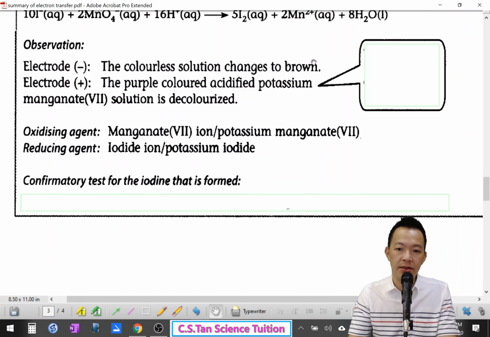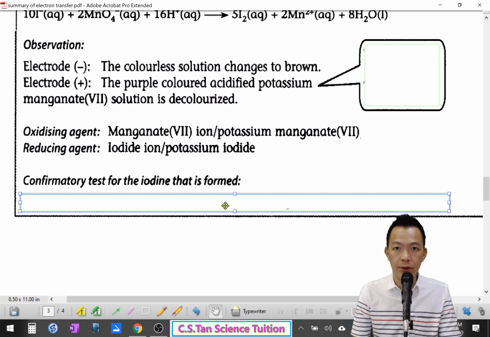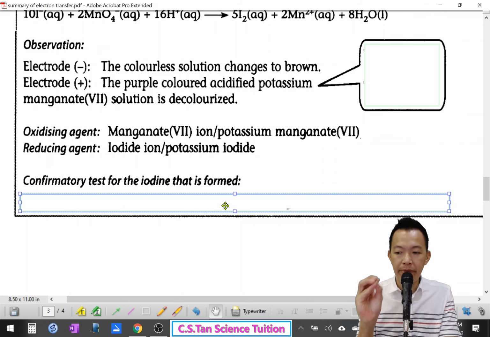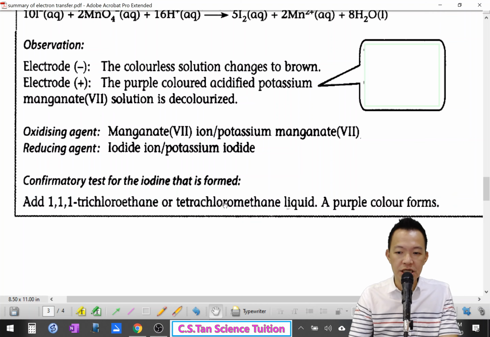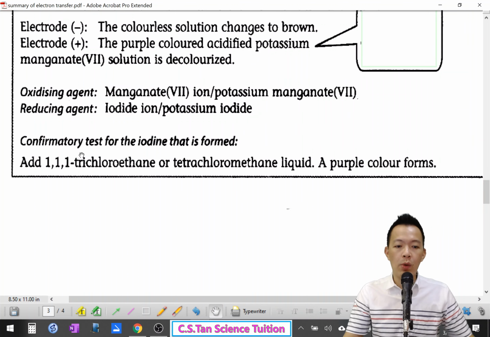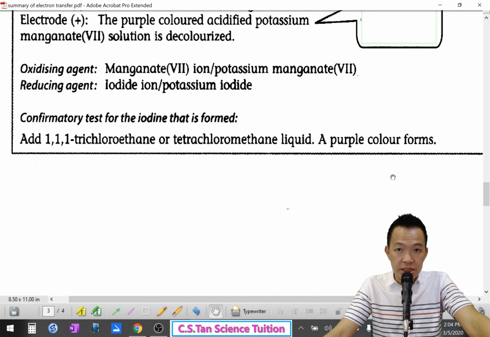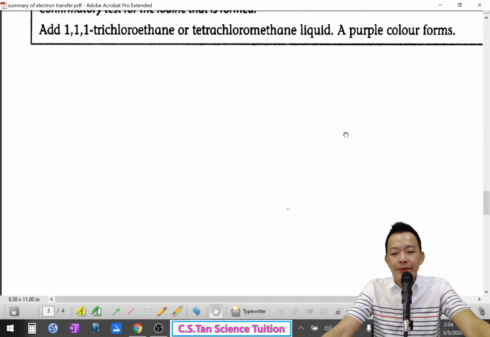You add 1,1,1-trichloroethane or tetrachloromethane. A purple color layer will be formed. So add 1,1,1-trichloroethane or tetrachloromethane. A purple color layer will be formed.